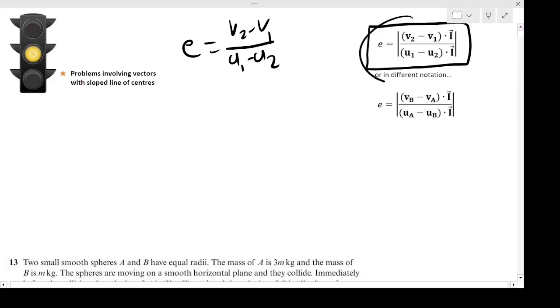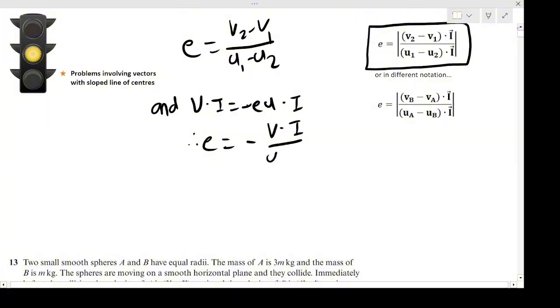So basically this formula for E encompasses this definition for E and the vector formula we saw with the wall, right? So I believe it was V dot I was minus E U dot I. If we rearrange that, we're going to get E to be minus V dot I over U dot I.